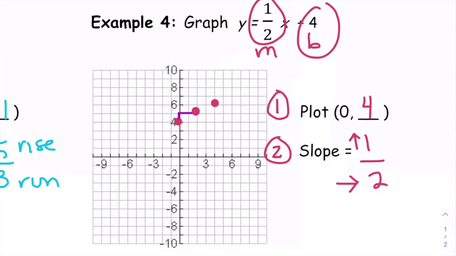Repeat the pattern. And connect your points into a straight line. Don't forget your arrows at the end.